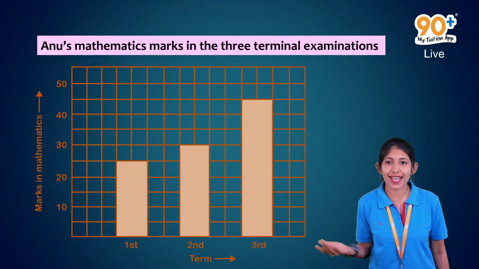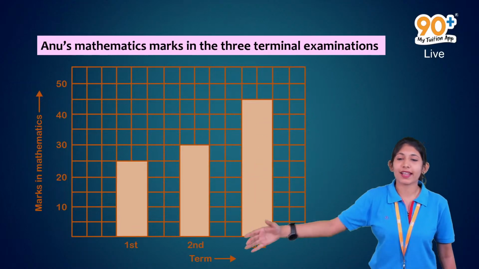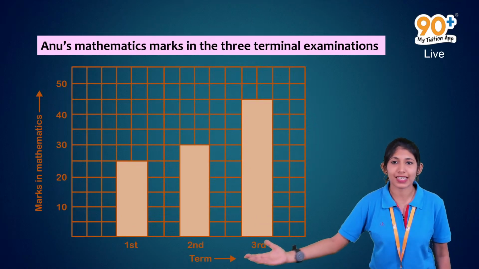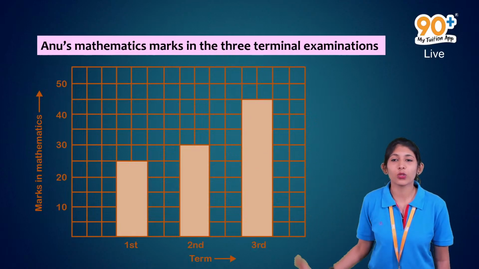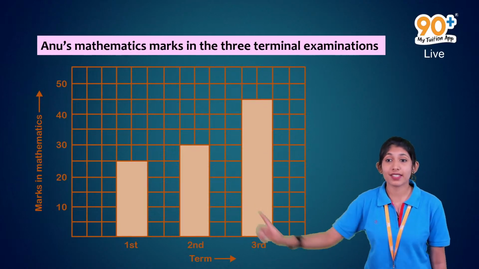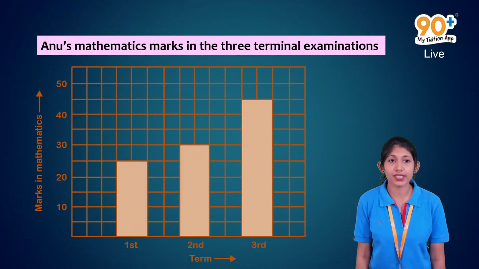On a graph there are 2 axes, the x-axis and the y-axis. On the x-axis they have shown the different terms, first term, second term, third term. And on the y-axis they have shown her marks in mathematics in different terms, and it is represented using 3 bars, right?